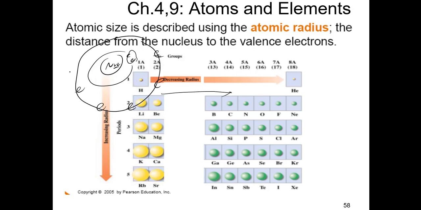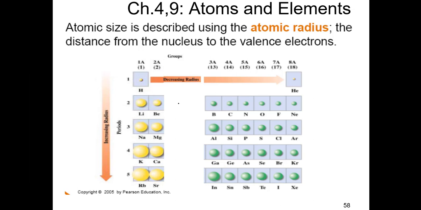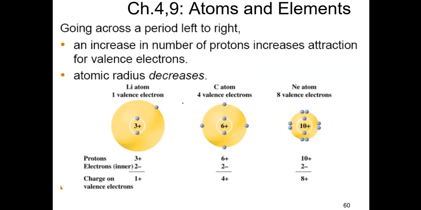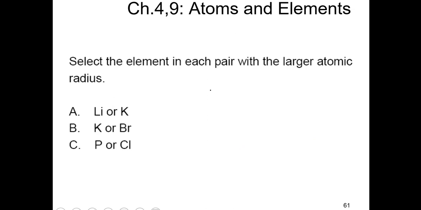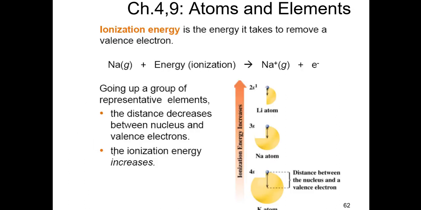But the more electrons in the outermost energy level, the tighter the nucleus pulls. Again, I'm not testing you on that concept, just on the trend. So here are questions I could ask you based on the trend.